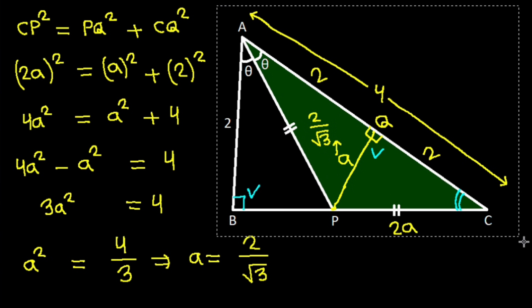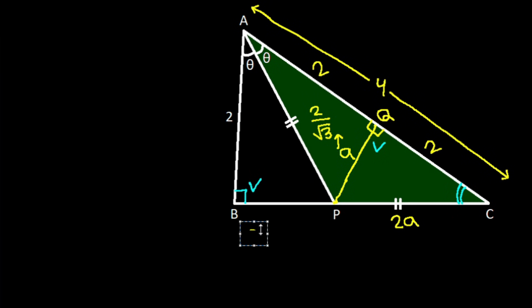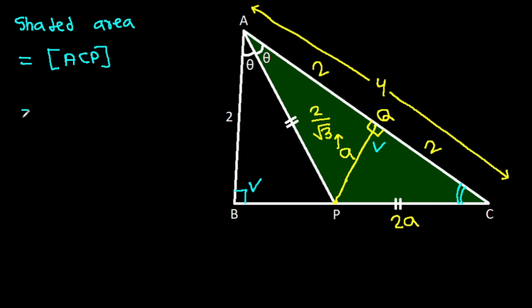And now the shaded area is the area of ACP, that will be 1 over 2 times base AC and height PQ.